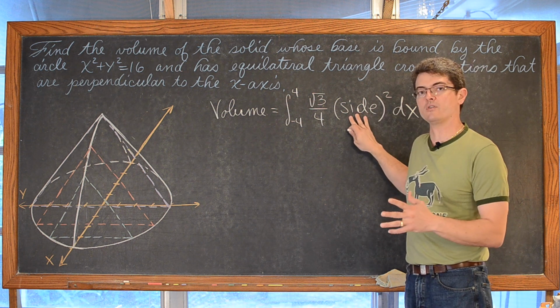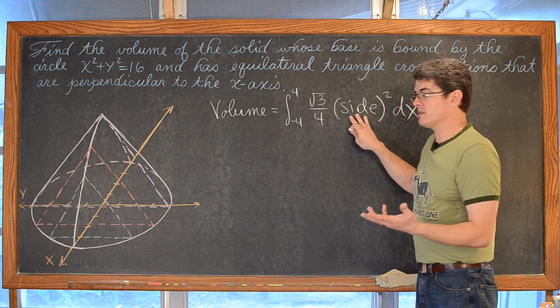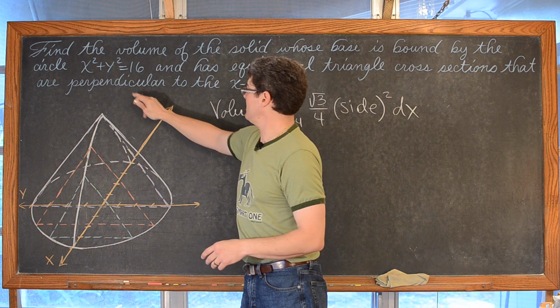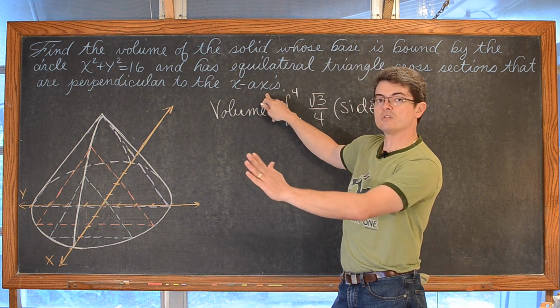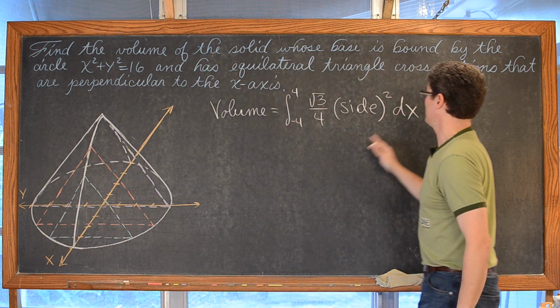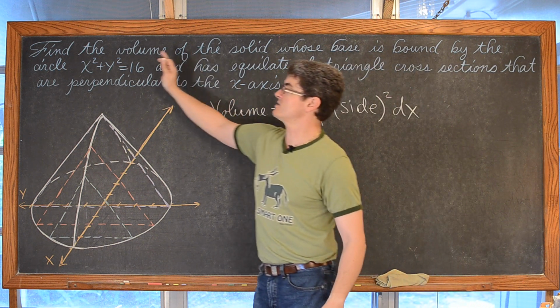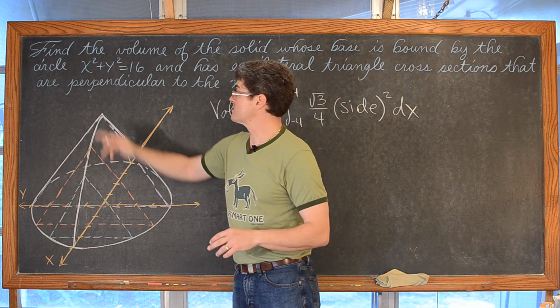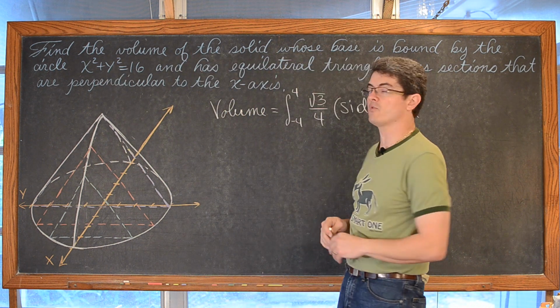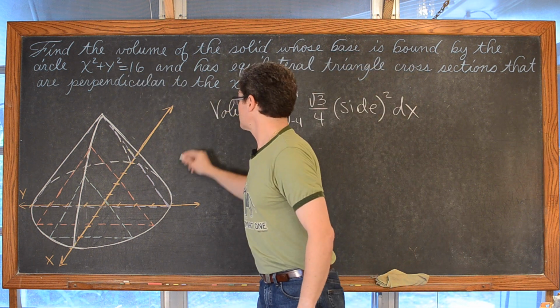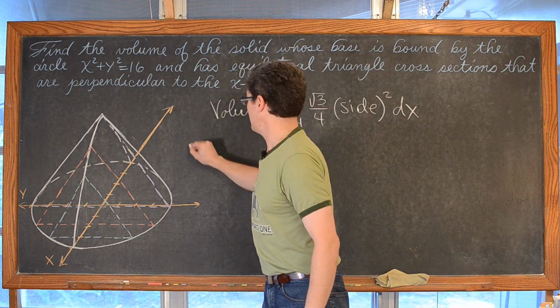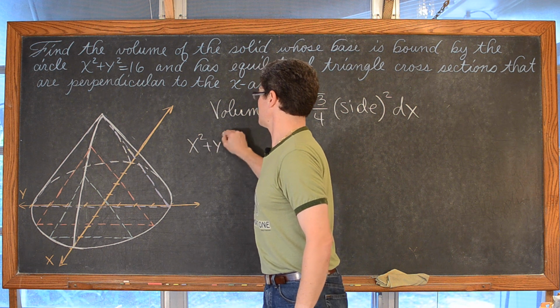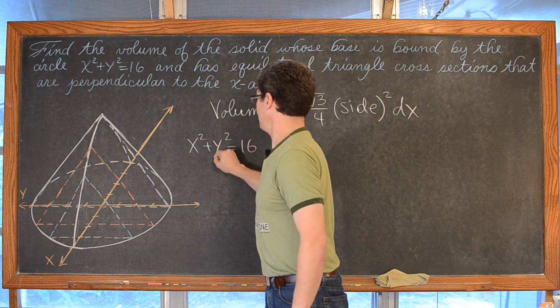Now let's figure out a function that describes the length of a side. I'm cutting my cross sections perpendicular to the x-axis and integrating with respect to x, which means my function needs to be y in terms of x. Let's take a look at the equation of the circle: x squared plus y squared is equal to 16.